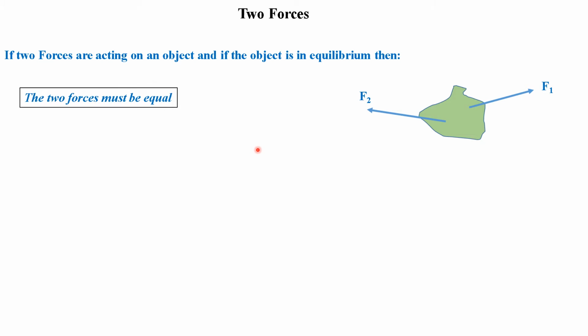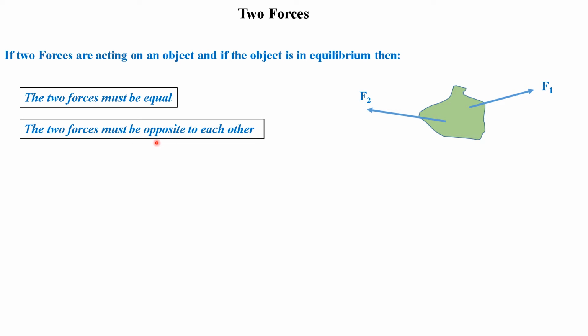Two forces. The mechanism and engineering of two forces. If two forces are acting on an object and the object is in equilibrium, there are a few simple physical properties these two forces must have. The two forces must be equal numerically. If this is 10 Newton, this is 10 Newton.